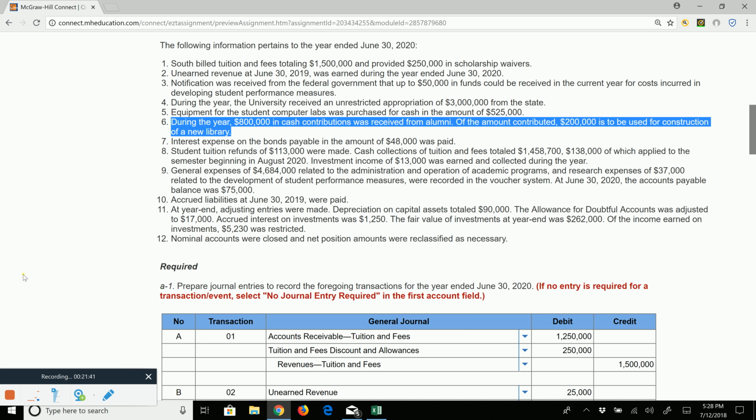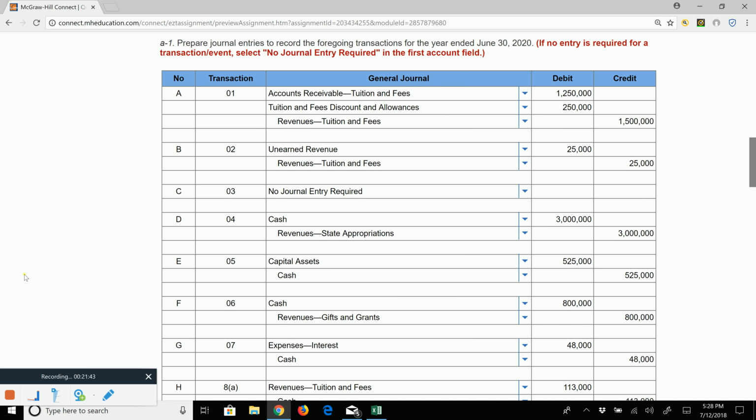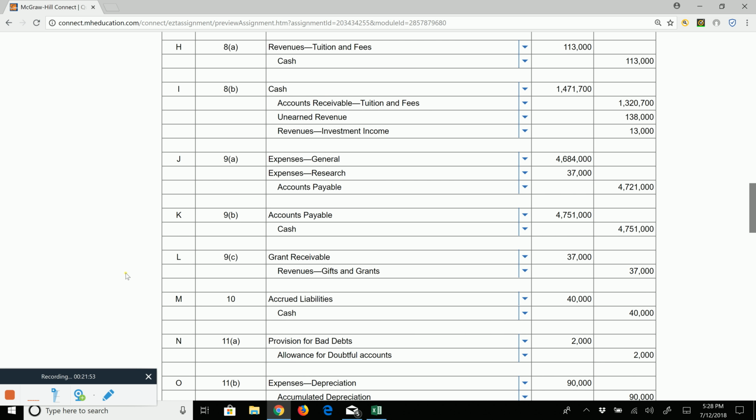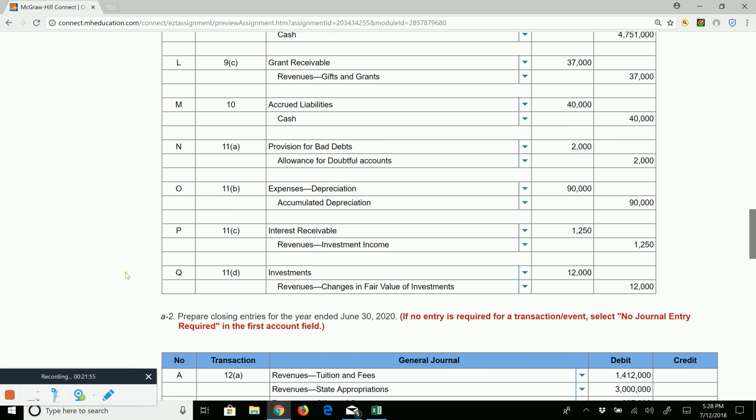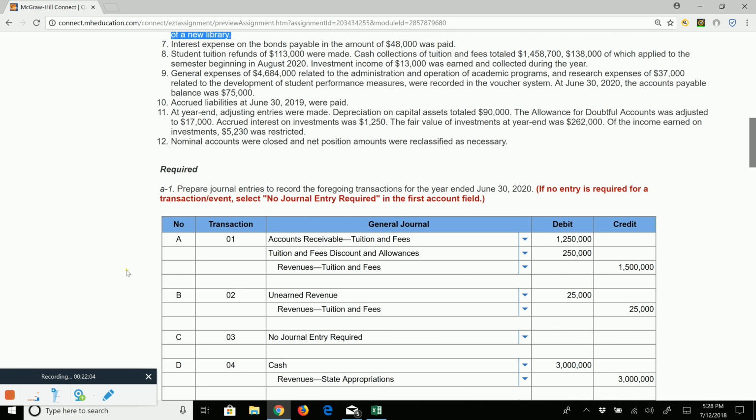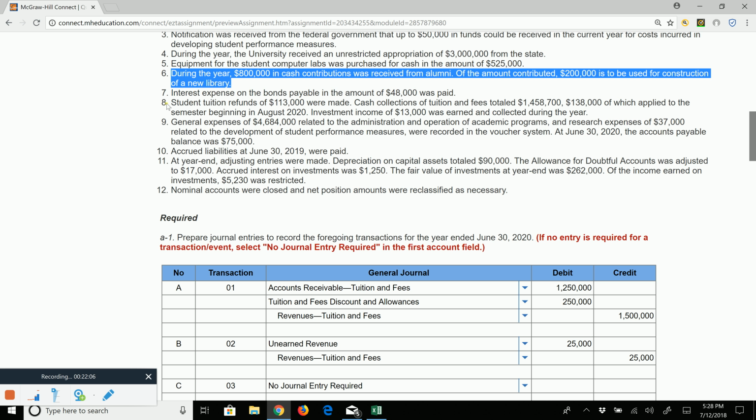The $200,000 at this moment in time is going to be restricted. We're going to see that later while we're recording the journal entry, debit cash and credit revenue. But remember, later on, that $200,000, we're going to actually record in a restricted equity account. I'll show that to you later.